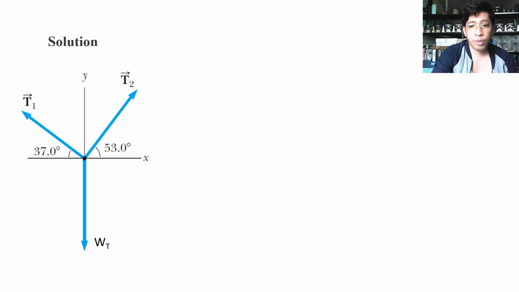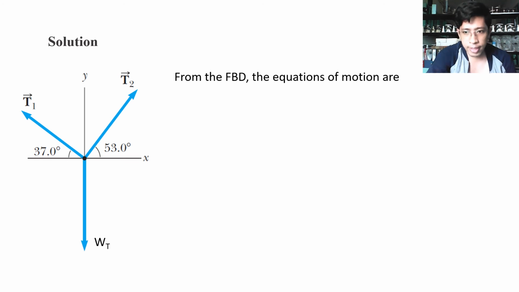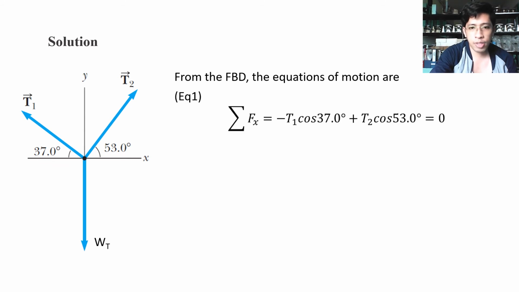So we already have our free body diagram, and we also have now decomposed your forces into the x and y components. So our next job is to write the equations of motion. From the free body diagram, you first write the forces along the x. We label this one as equation 1. We have the sum of all your Fx is equal to negative T1 cosine 37 degrees plus T2 cosine 53 degrees, and that is equal to 0.